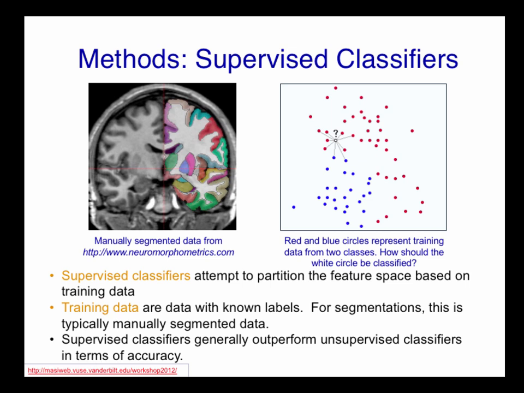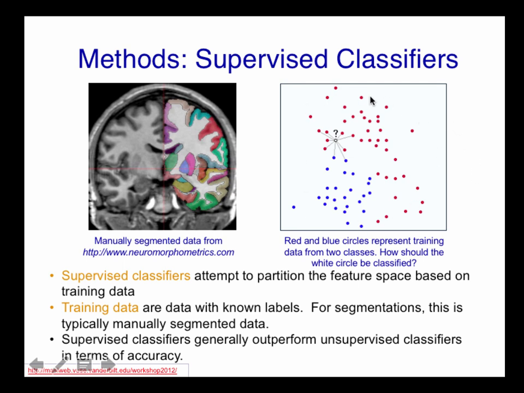So at Vanderbilt, they organized a segmentation challenge where they provided the training data, and they have a subset of this available for download. So this is a very useful data set right here if you don't want to pay for your training data.